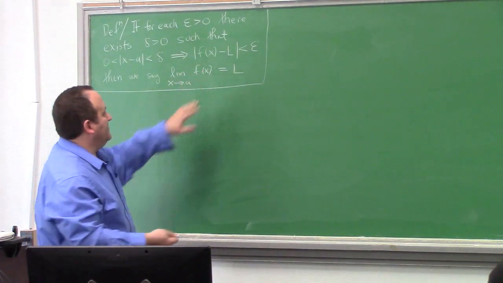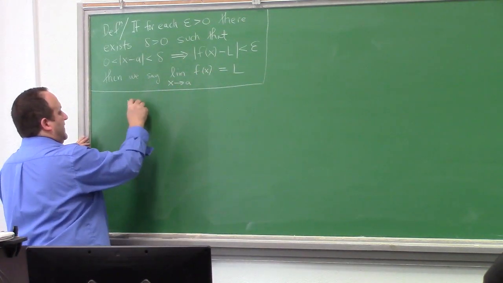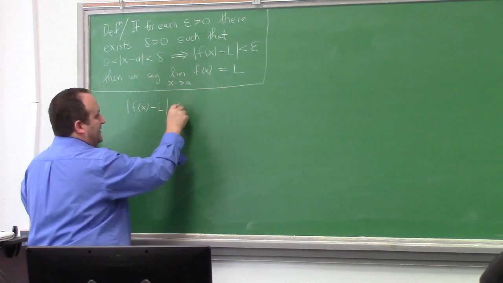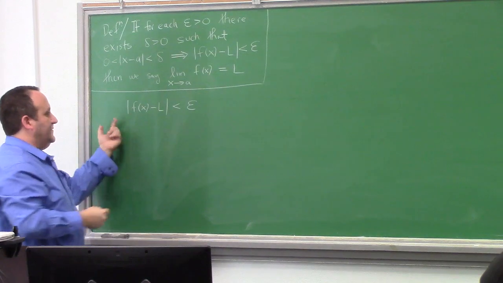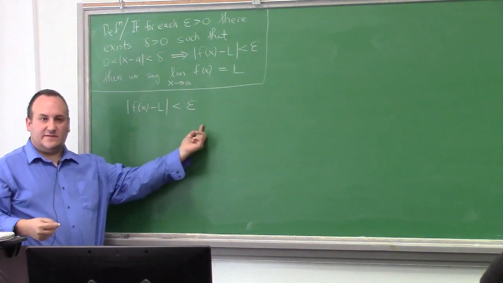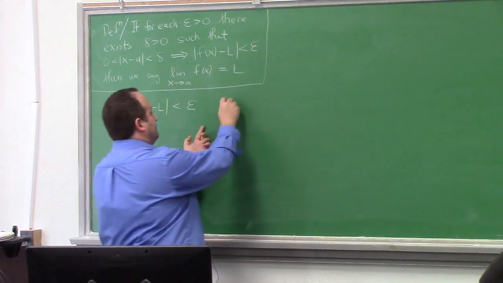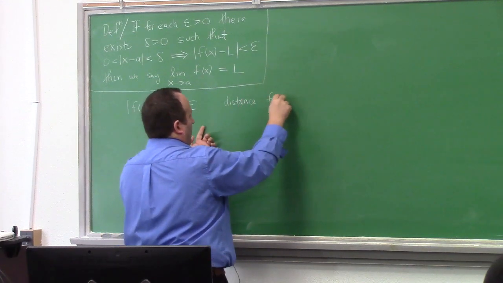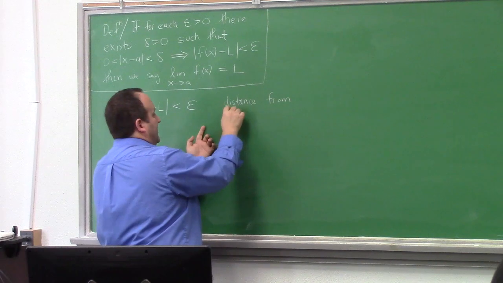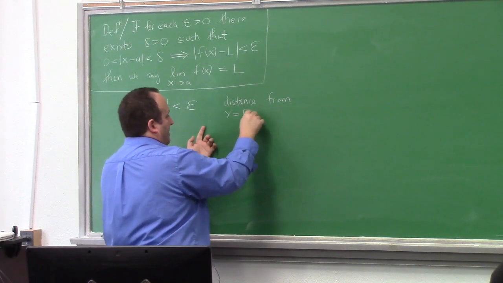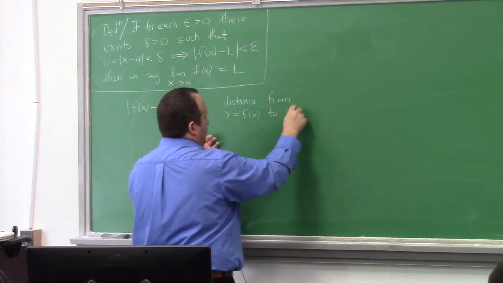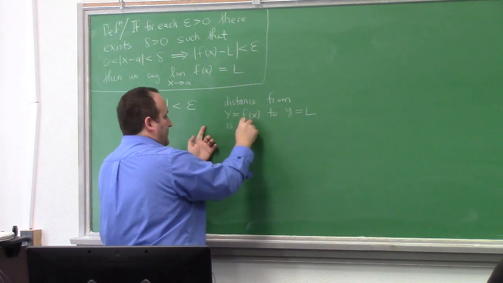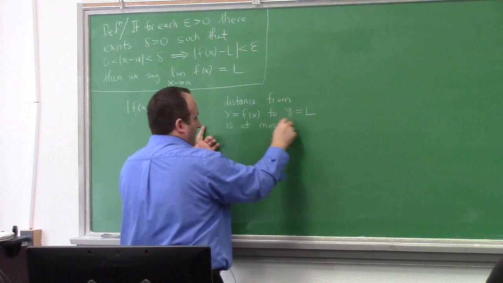So what is this statement? Absolute value of f(x) minus L less than epsilon. What does that mean? If we state this in terms of distance, it says that the distance from y equals f(x) to y equals L is at most epsilon.